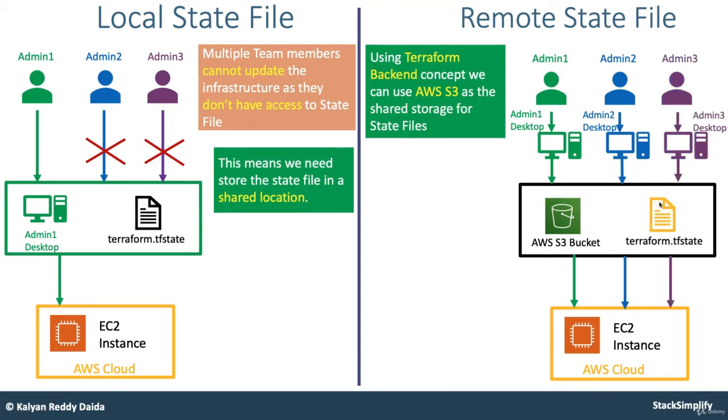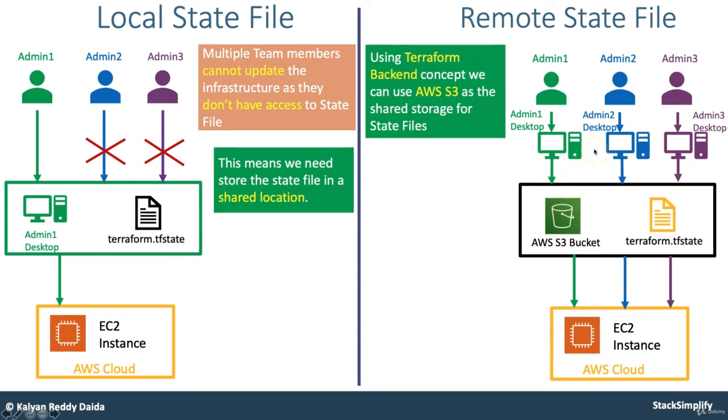In the same way for admin3 also. Which means once you share your terraform.tfstate file in a shared location like an S3 bucket, every administrator will be able to administer the cloud environments you have provisioned.